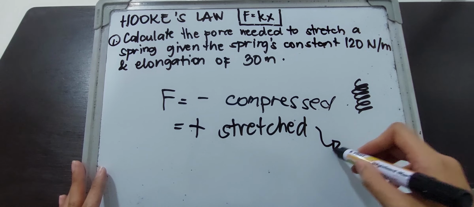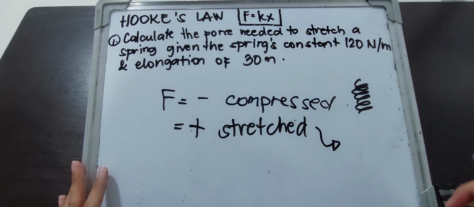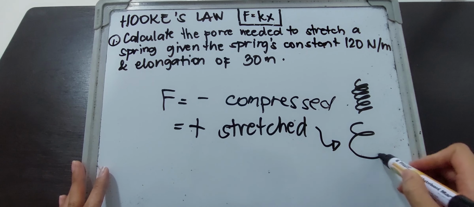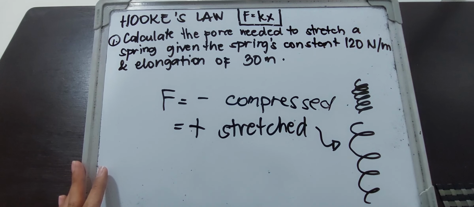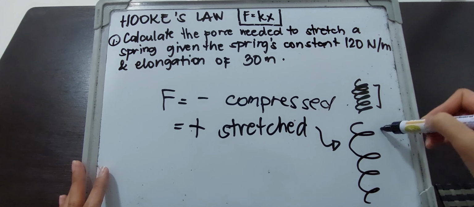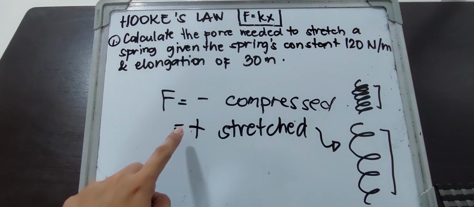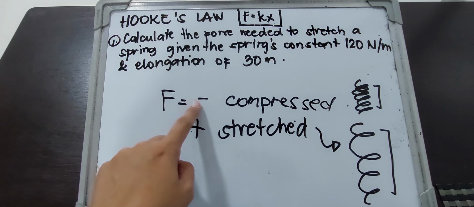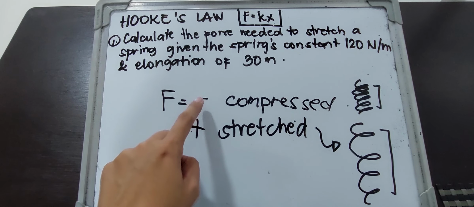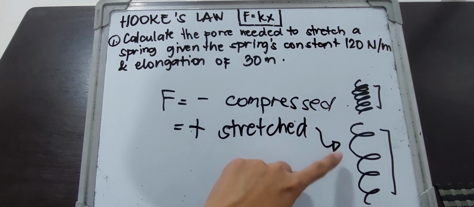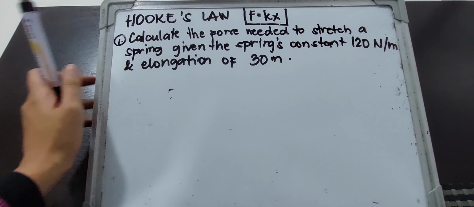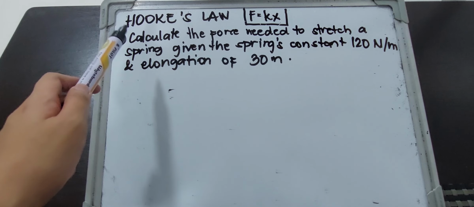But if the force is positive, it means the spring is stretched. Ito kasi yung compressed and ito yung stretch. So, this negative and positive sign sa Hooke's Law, hindi ito direction, pero it tells us if the spring is compressed or stretched. So let's move on with this example.